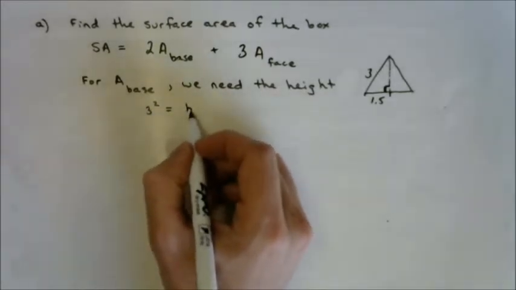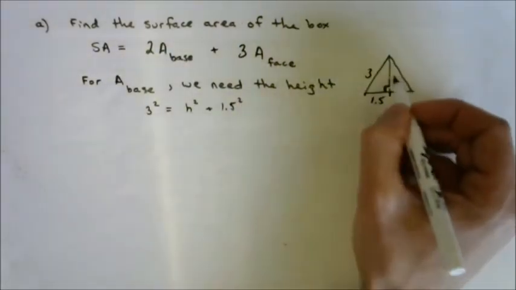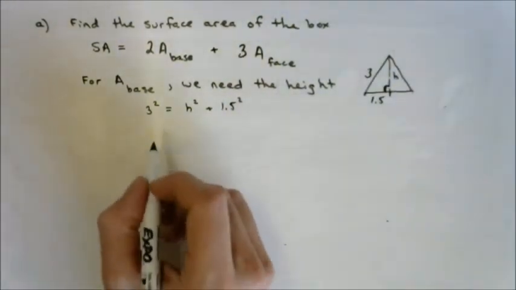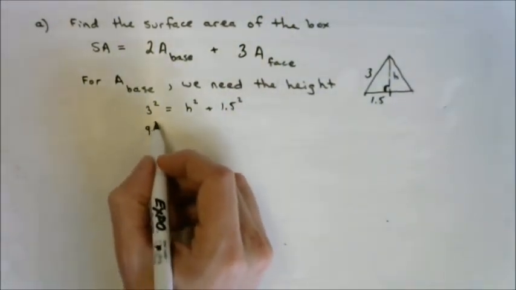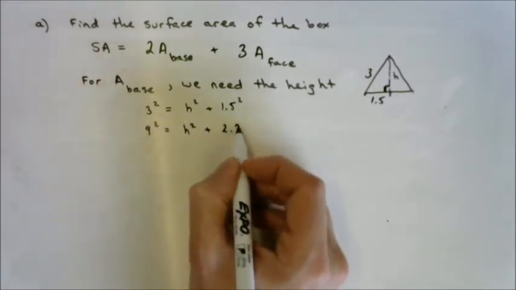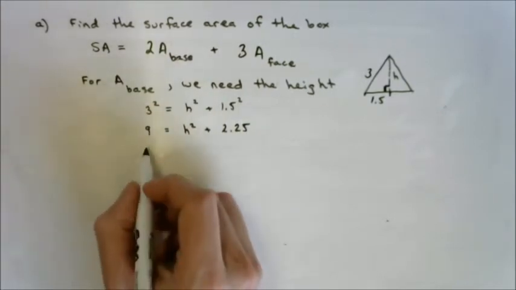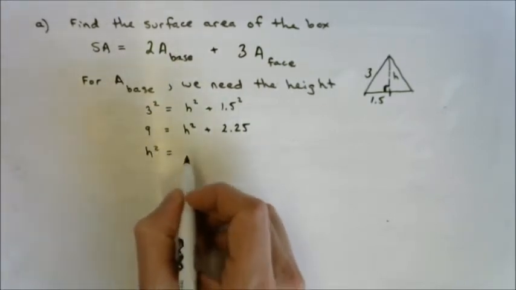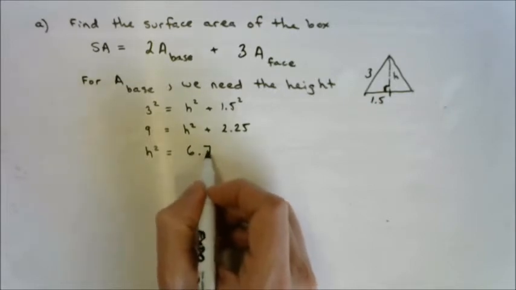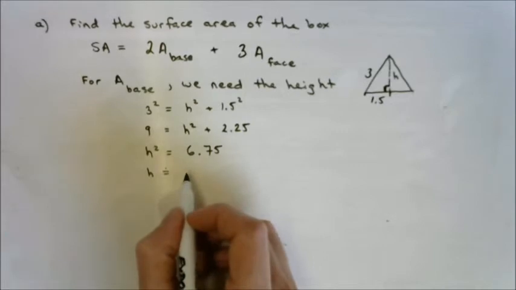3 squared is 9, and 1.5 squared. Can we do it by ourselves?